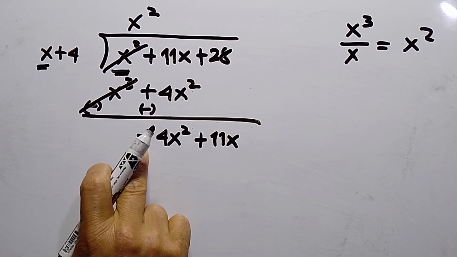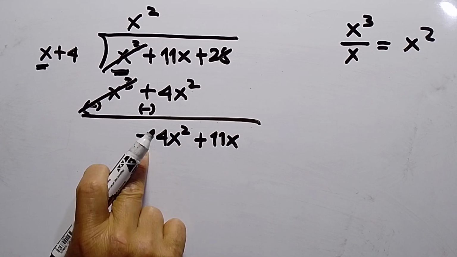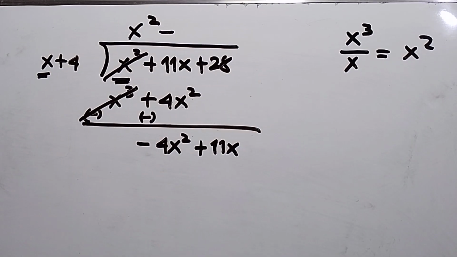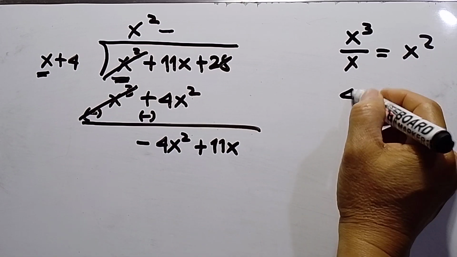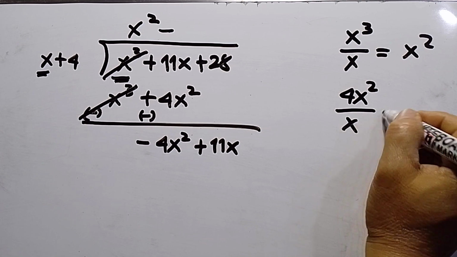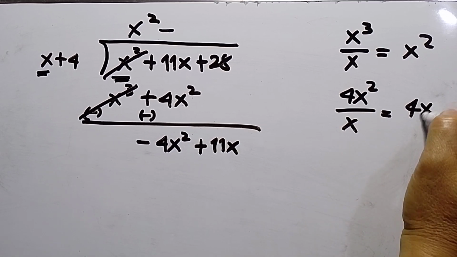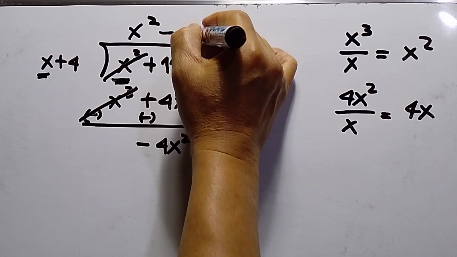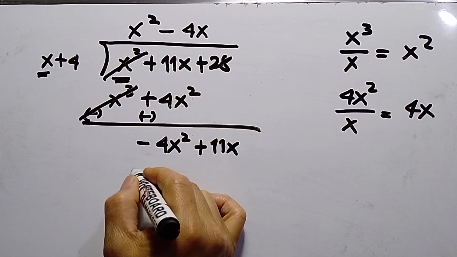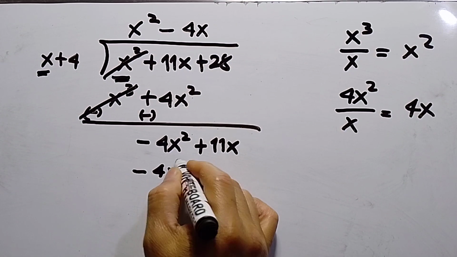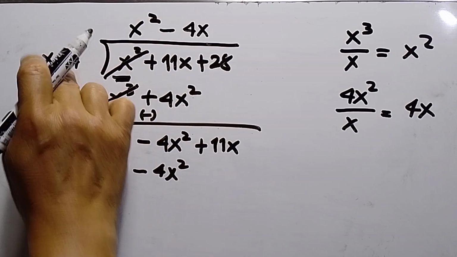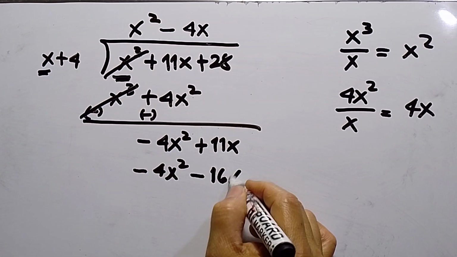Since the first term of my dividend is negative, this will be negative also. So negative 4x squared divided by x. So this will be negative 4x. And then multiply. This will be negative 4x squared, then negative 16x.